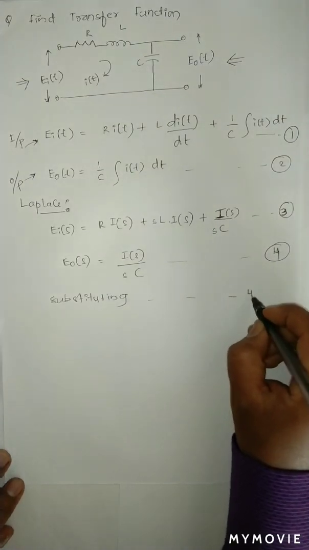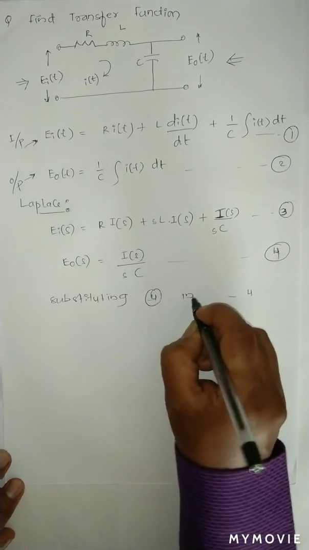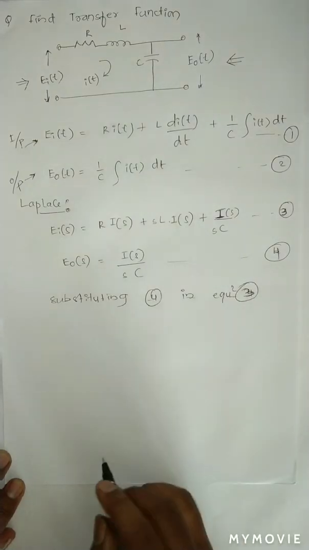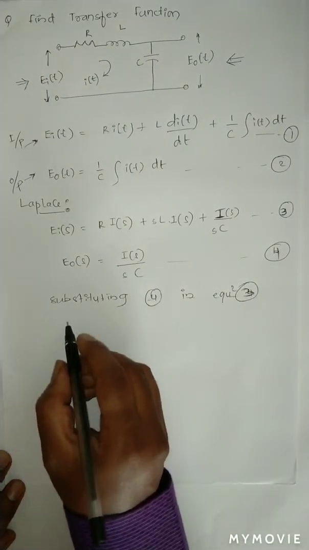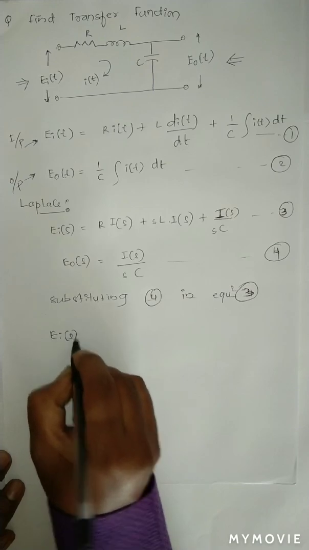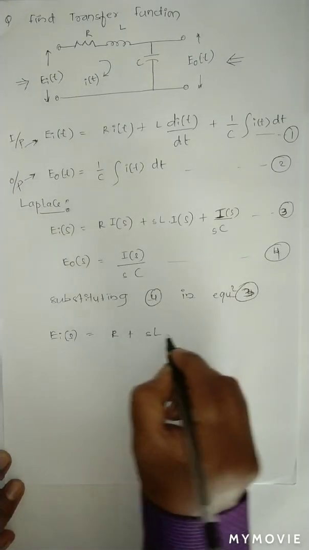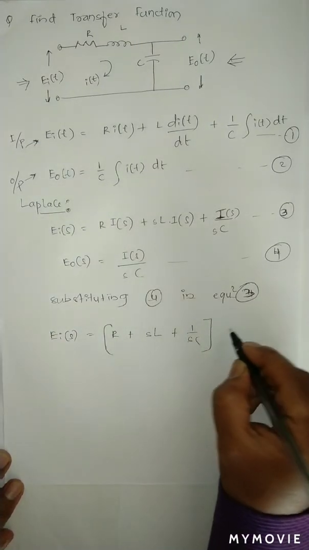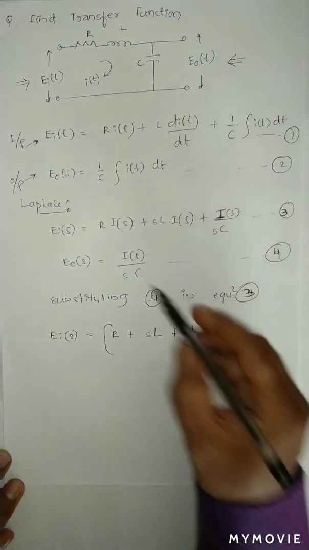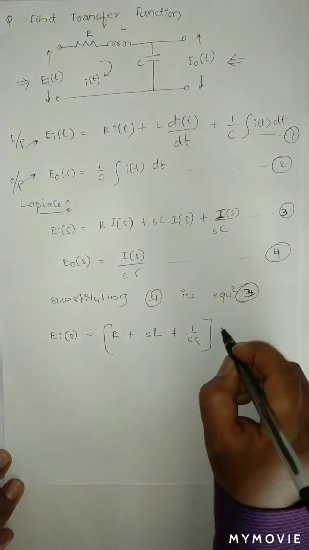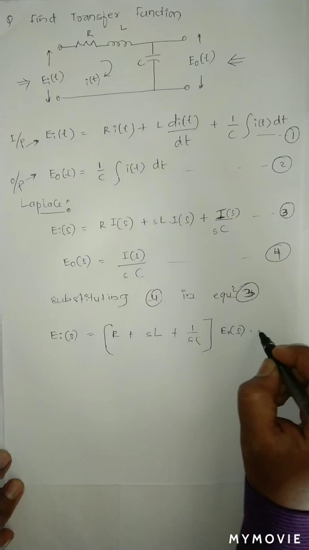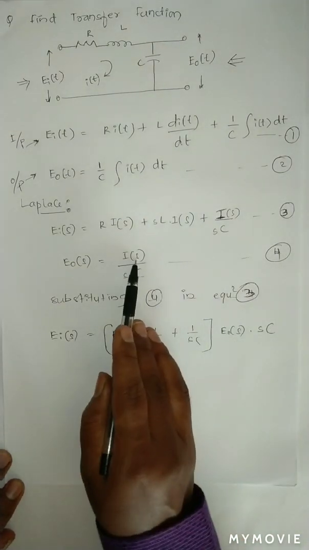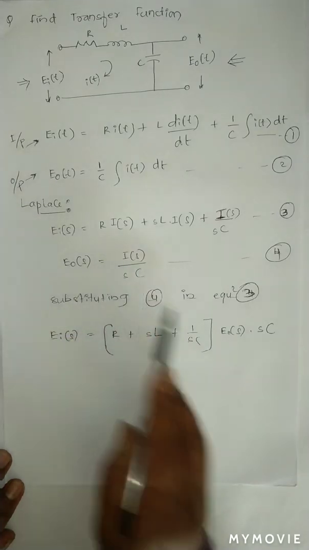Substituting equation 4 in equation 3, EI of S is equal to R plus SL plus 1 by SC, that is with respect to I of S. So I of S, instead of taking common, I will replace I of S by E naught of S into SC.